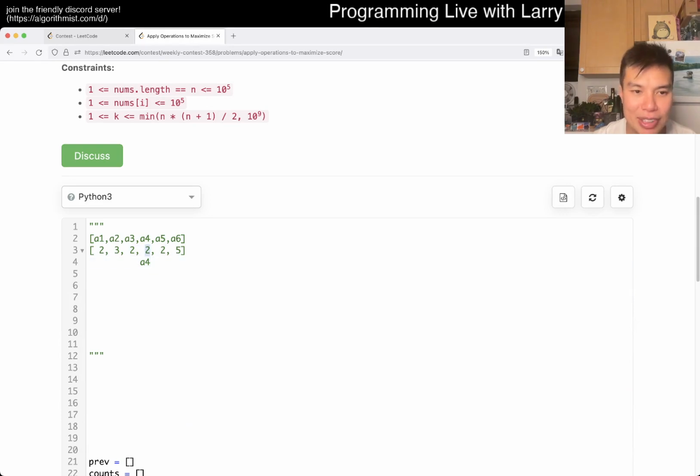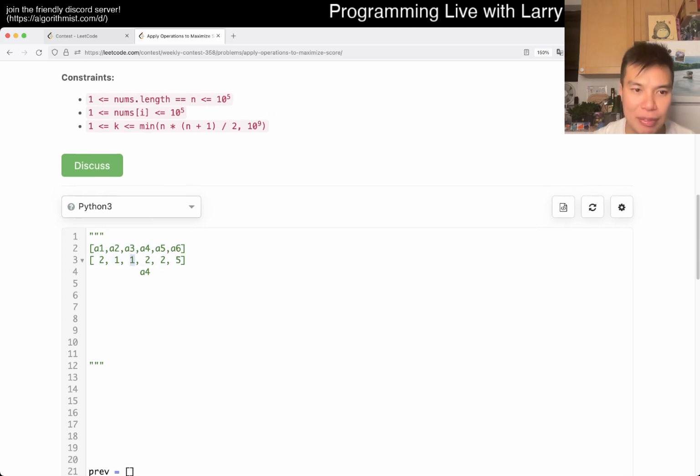So if A4 is in the same array as A3, then it will never be A4, which means it has to stop here. Let's make this a 1, then another 1, and then a 2. In this case we don't have to stop here, because if we have an array of A3, A4, then A4 will be the answer, or the contribution as I call it.